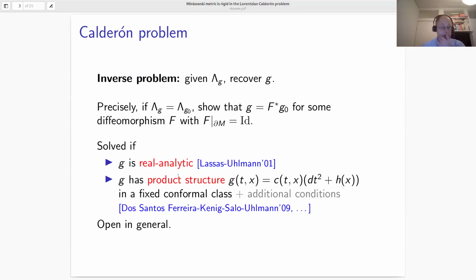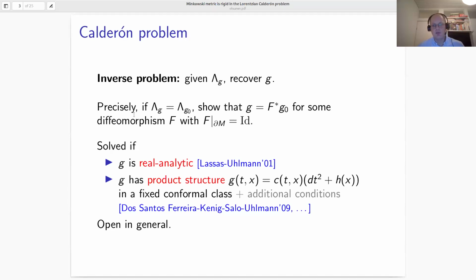Well, this problem is very much open. We should actually state the problem a little bit more precisely. This is, of course, a geometric problem. It doesn't care about the system of coordinates that we choose.